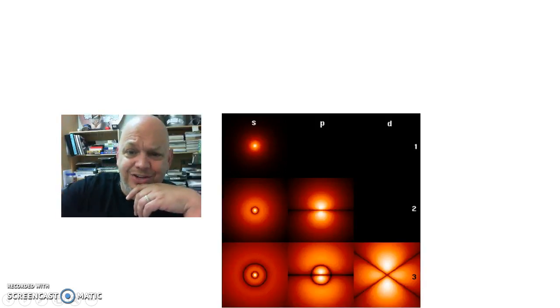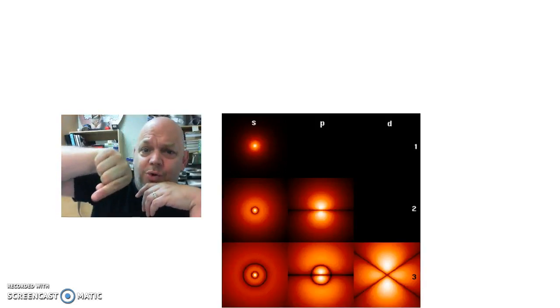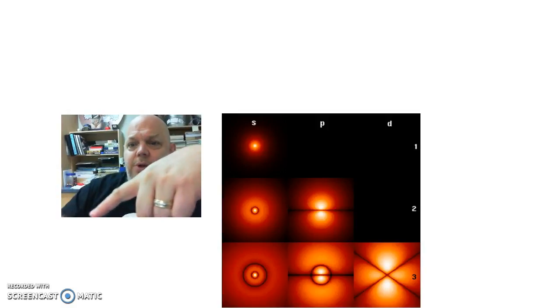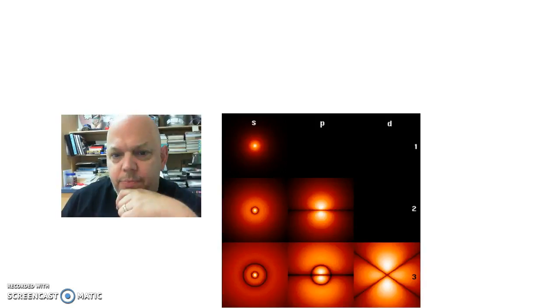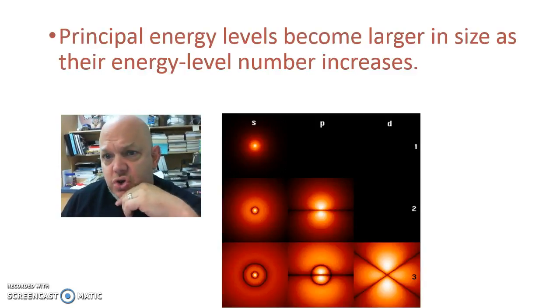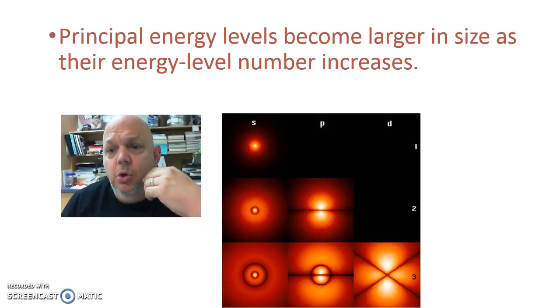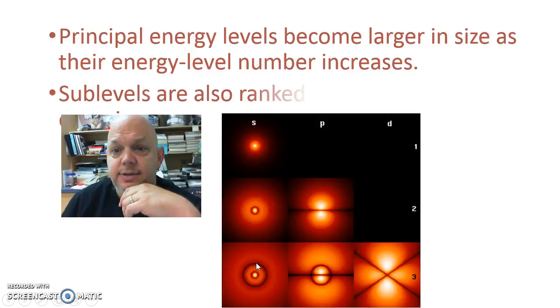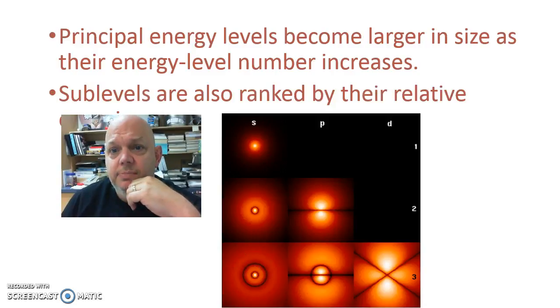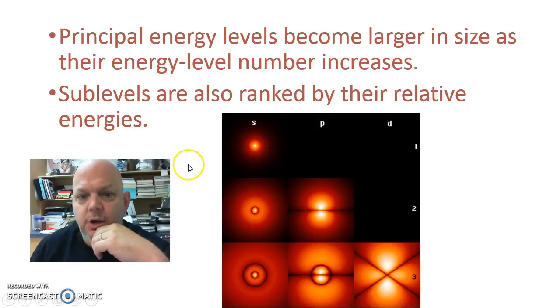I'm running out of time here, guys. So this is just showing you that the higher the level you go, the bigger it gets. So that's 1s, 2s, 3s. The sublevels are ranked by their relative energies. Okay, I gotta stop. Bye.